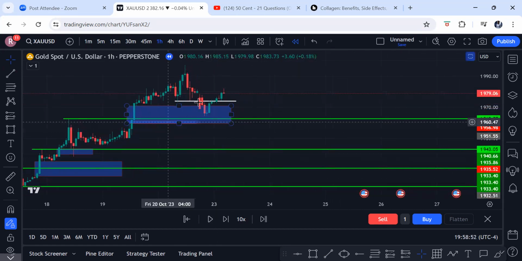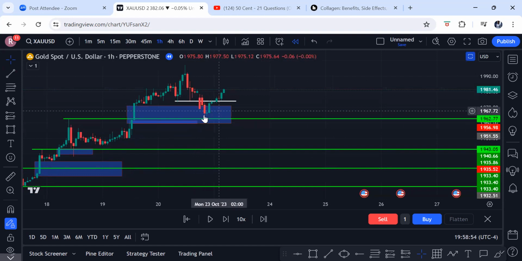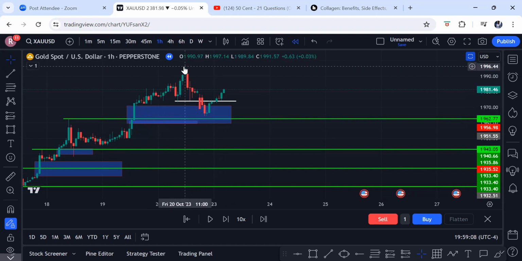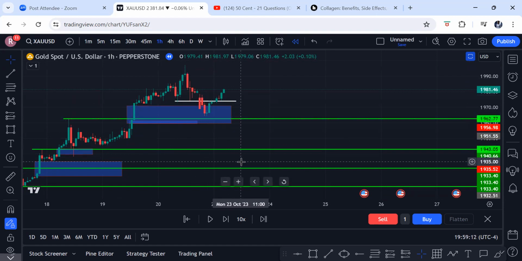So we got price break the area and trade into the same zone. There's a potential change of character here, but we did trade into the imbalance that was left. If price does not break this high, then we know we could potentially come down some more.